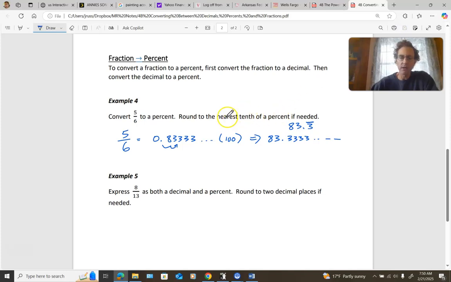Now, as far as rounding this to the nearest tenth of a percent, well, it is now a percent. So 83.3333, the tenths place is right here. There's a 3 behind it, so I don't round up. I keep it the same, so it becomes 83.3%.